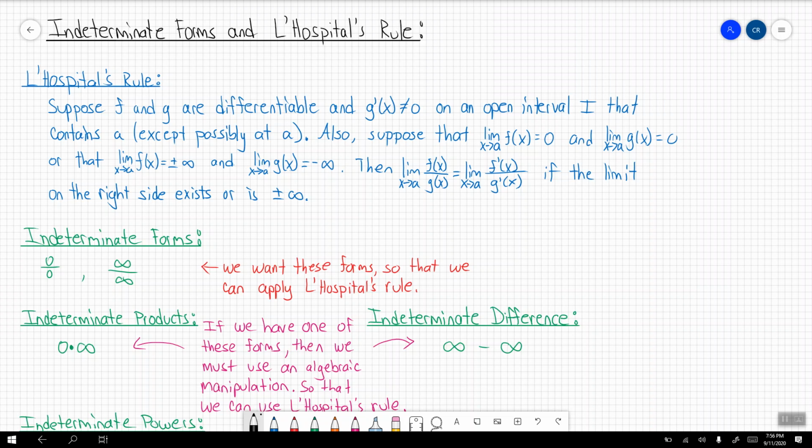So on screen here you have the theorem that we're going to be using for applying L'Hopital's rule.